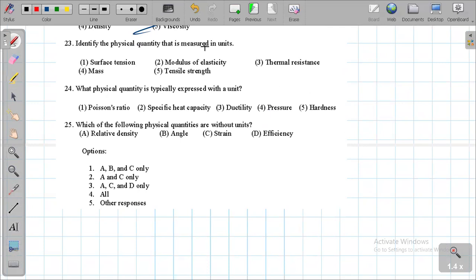Identify the physical quantity that is measured in units. Surface tension. Yes. Surface tension has a unit. This one also has a unit.